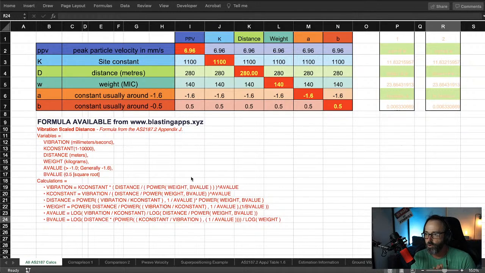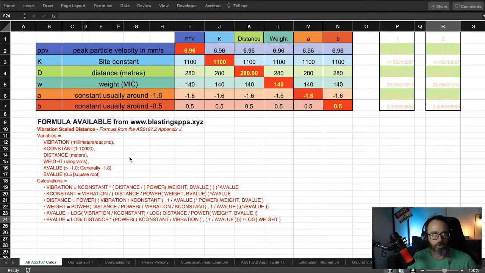First of all, I have set up here a little bit of a breakdown of the AS2187 scale distance formula. It seems to be a fairly standard formula in blasting, and is used in other places as well, but it might be done with feet and pounds instead of kilos and meters.